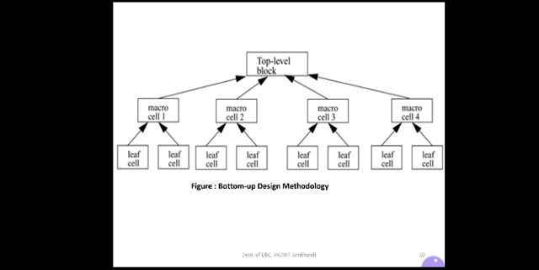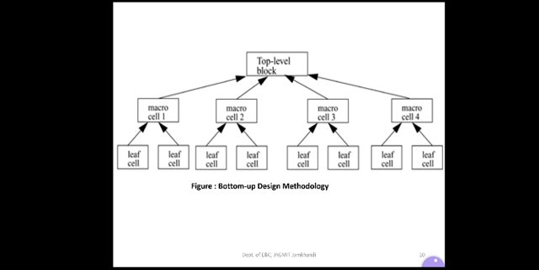At the same time, circuit designers design optimized circuits, or very regular circuits, for the leaf level cells, the very basic building block cells. They build higher level cells by using these leaf cells.